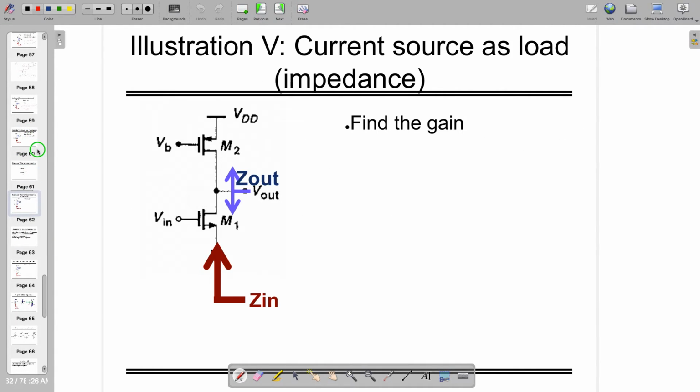Okay. So if this is the case, do not consider channel length modulation and tell me the answer for the gain.